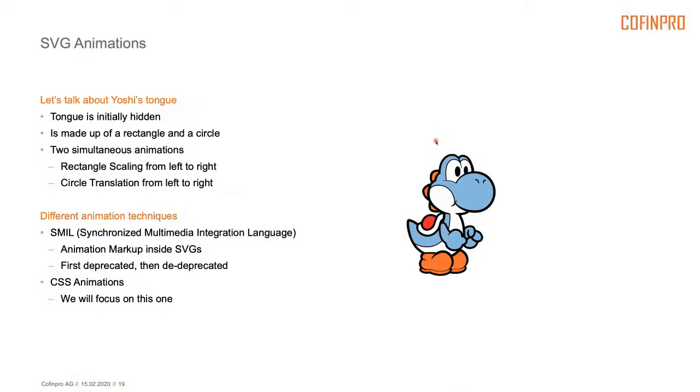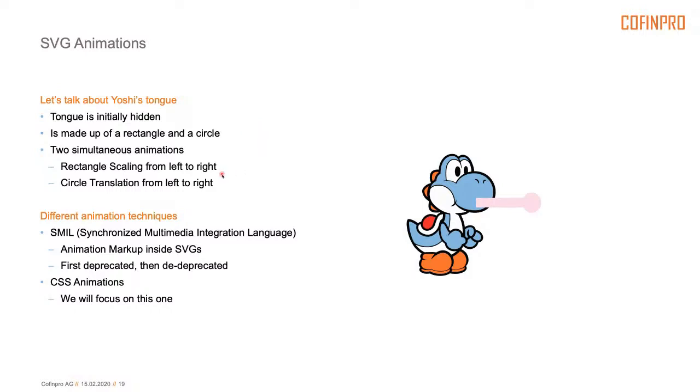So let's talk about Yoshi's tongue. What do we want? We want that the tongue is initially hidden. And if we look close, the tongue itself is made up of a rectangle and a circle, which pretty much looks like this. It's made up of two components, and in order to let Yoshi stick out its tongue, we just have to do two simultaneous animations.